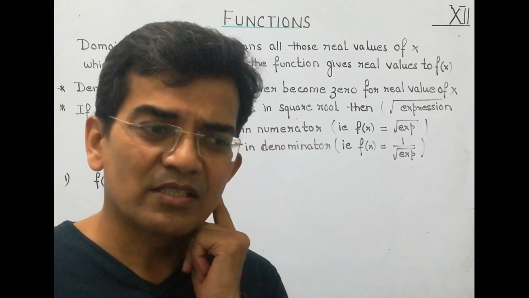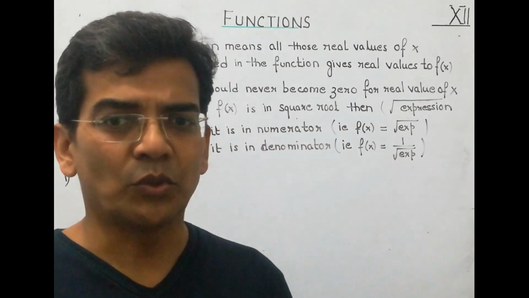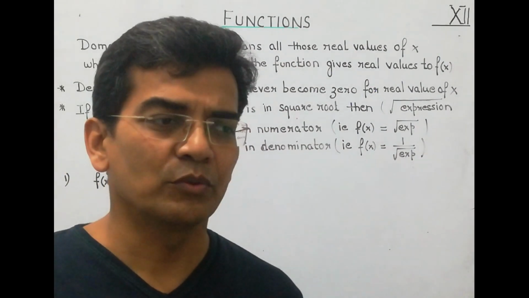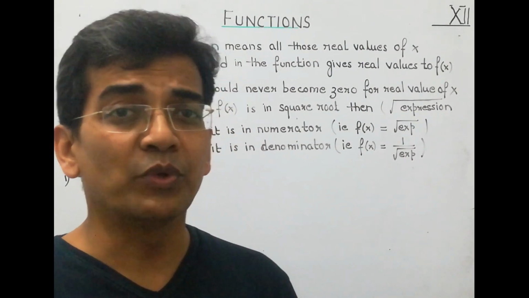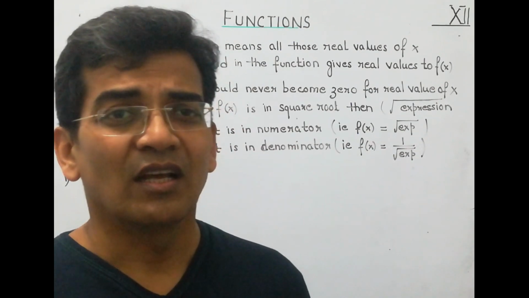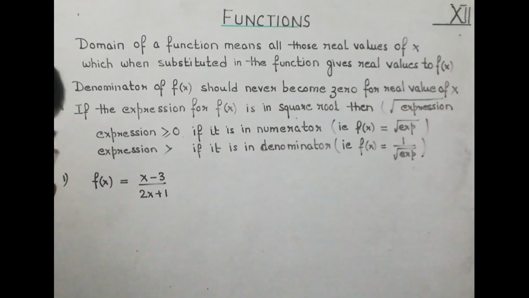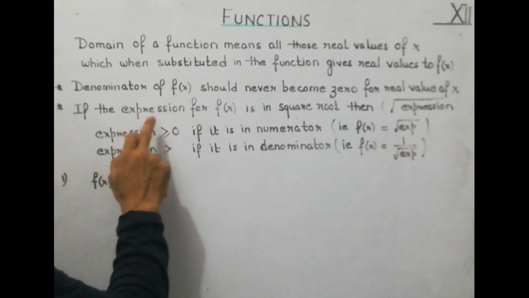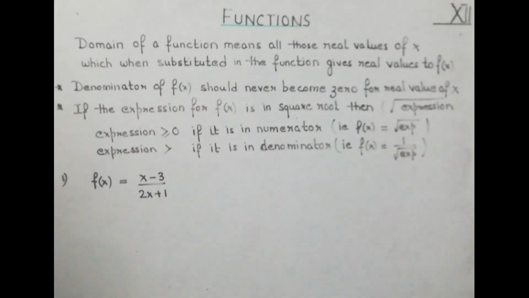Now, as we know, it's a real valued function over here. So that means we have all the real values for x except those values of x which on substitution will make the function undefined. Okay, let's see over here. Now the expression for f(x), this denominator of f(x) should never be 0.